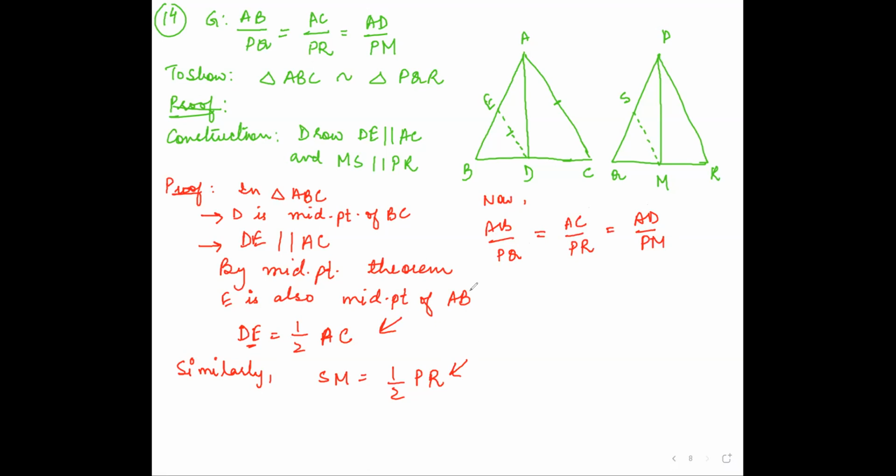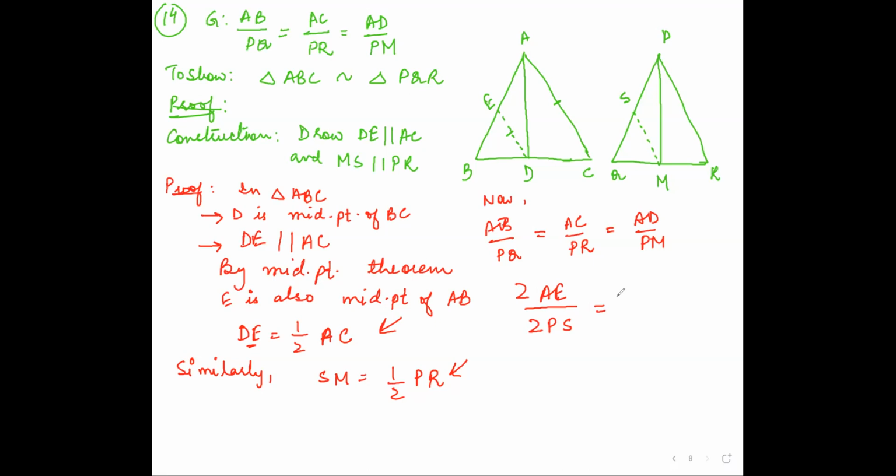Now AB, how can I write AB this time? Can I write it as twice of AE? Yes. And similarly, PQ, I can write as twice of PS.